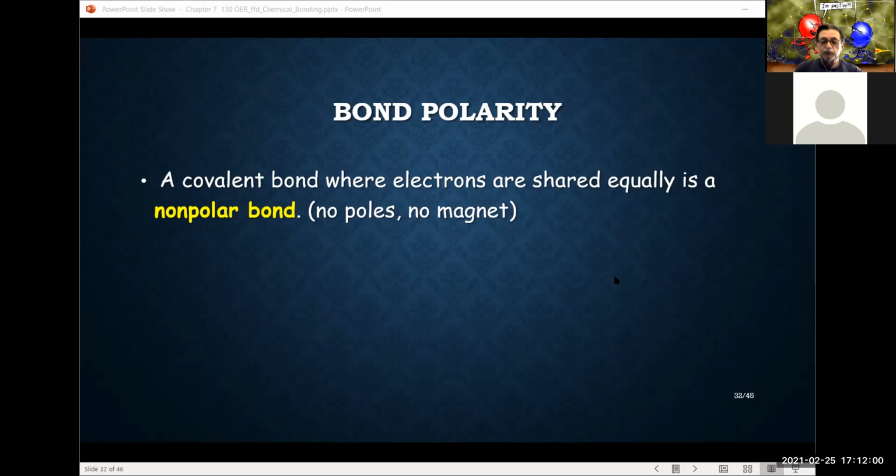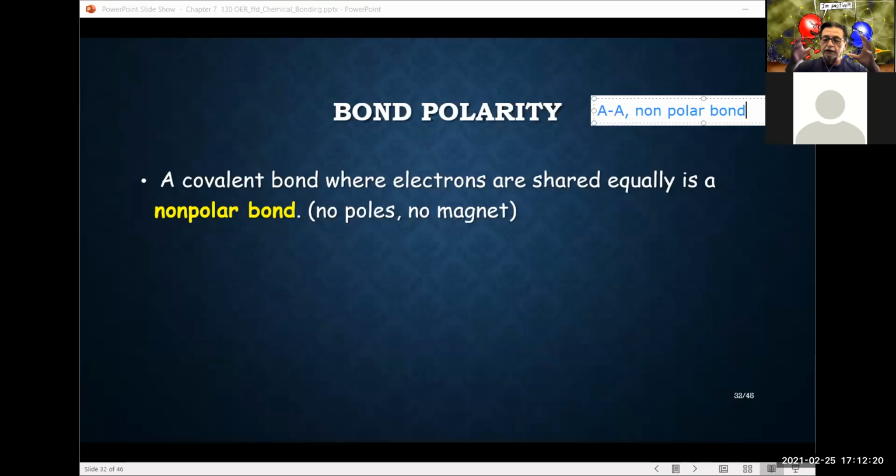The best way to look at it, and I think this is important because people have a tough time with this concept, is this way. A bonded to A, non-polar bond. A and A are the same thing.